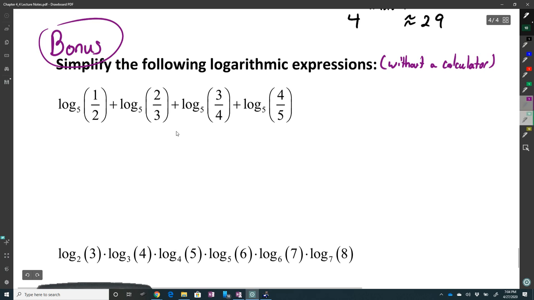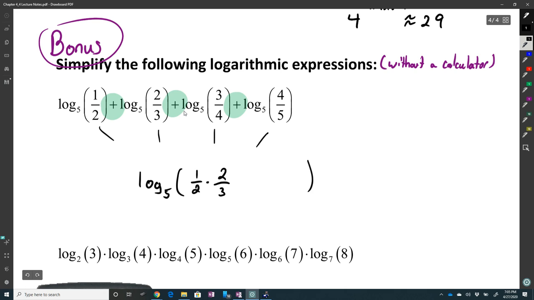Okay. Notice that addition, they're all being added, which means that I can turn this into 1 log with all the insides being multiplied. So all we did was the product rule.